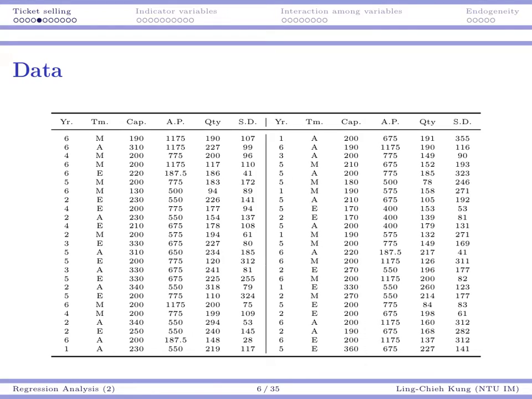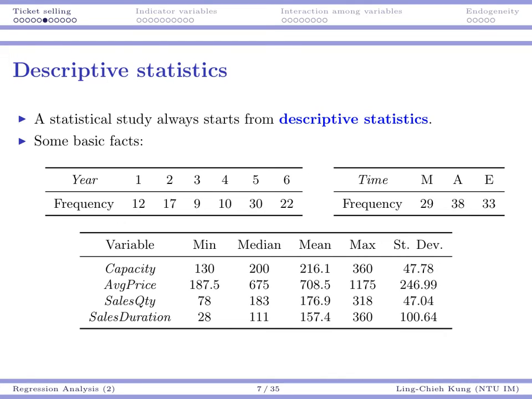This is the second half of our data set, and if you have some free time, try to go through it. Okay, so eventually we want to do a regression analysis or any kind of statistical analysis, but we still need to start from descriptive statistics because that's the first place for us to get some insight or ideas about our data.